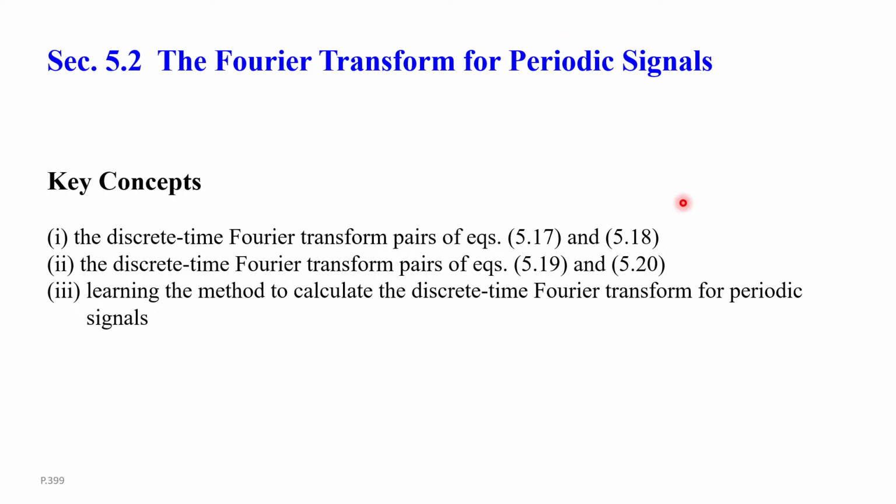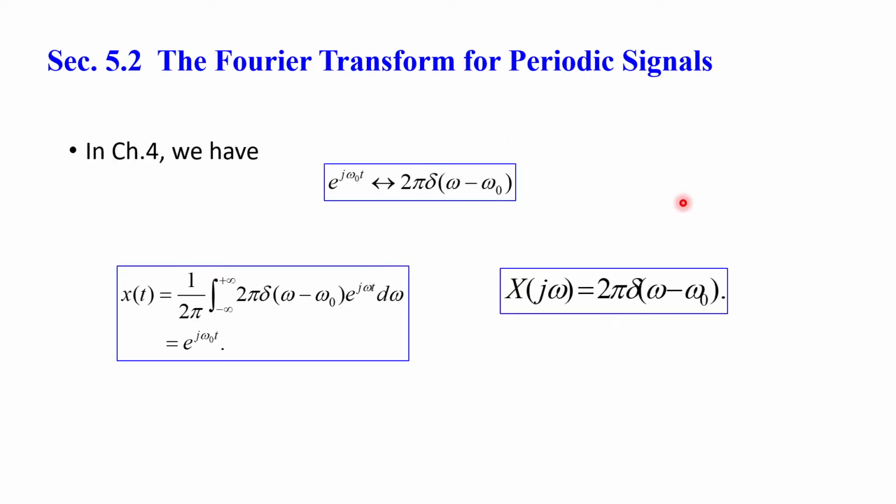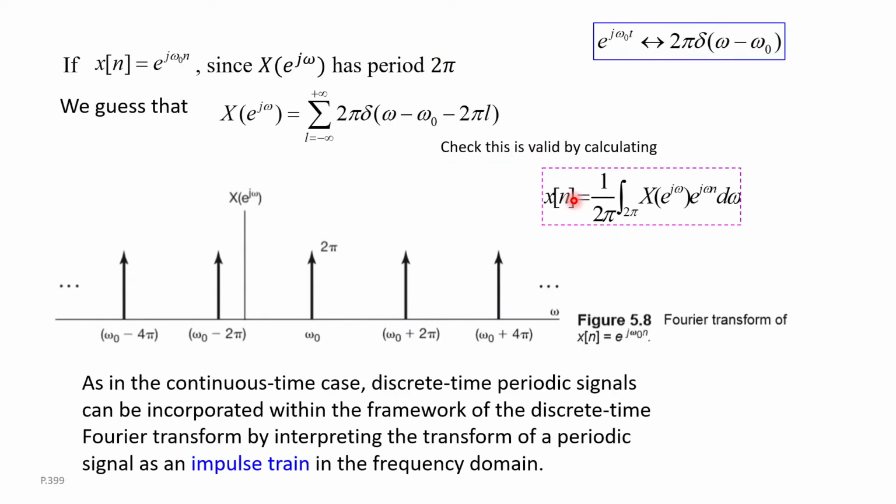So we also derive it for periodic signals and write them as delta functions. In chapter 4, the complex exponential gets transformed into a delta function.